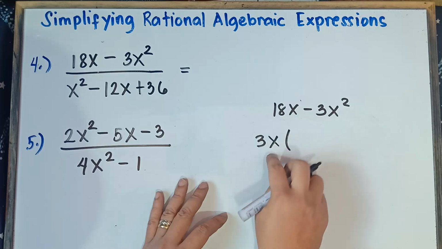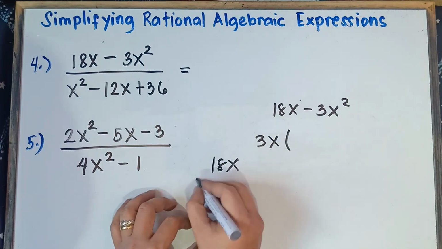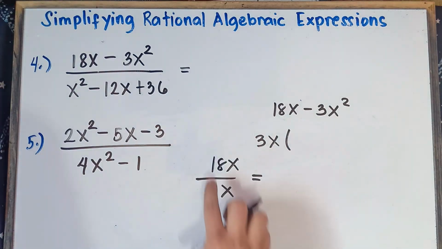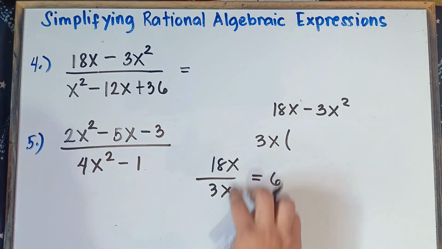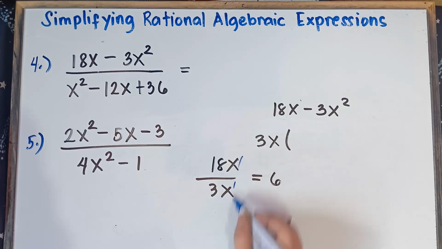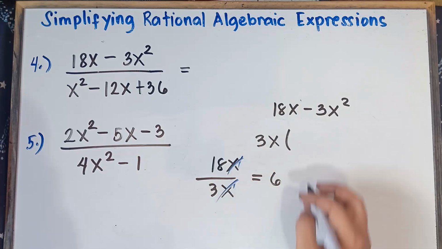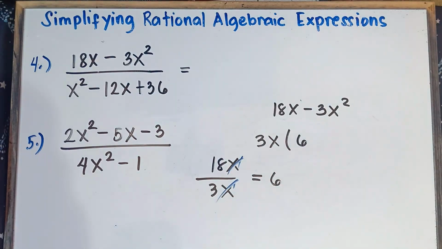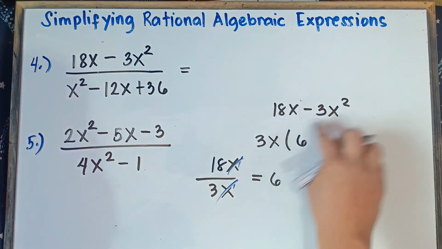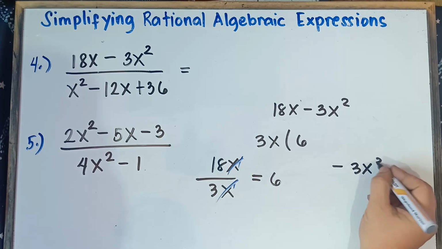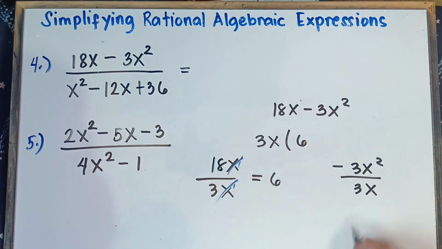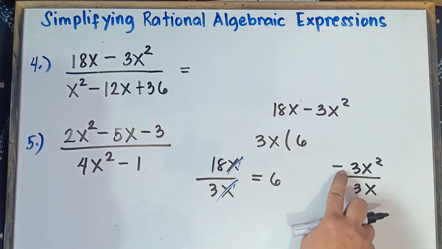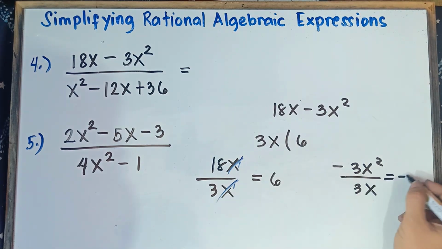Open parenthesis, simply divide this one. 18x divided by 3x. 18 divided by 3 is 6. X divided by x, same letter and same exponent, simply cancel this out. So there would be 6. And then this one, negative 3x squared divided by 3x, negative 3 divided by positive 3 would be negative 1.